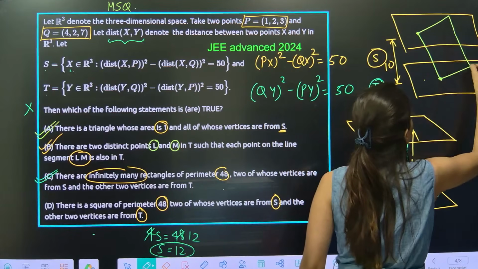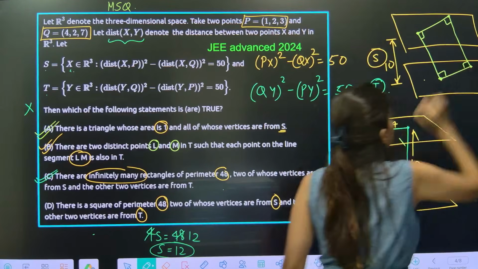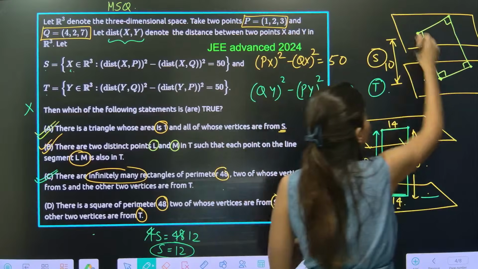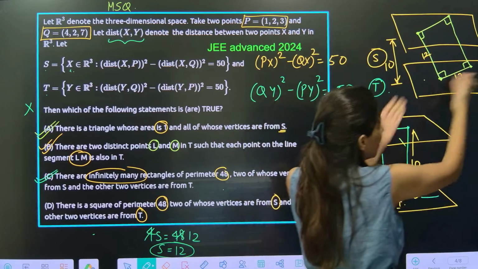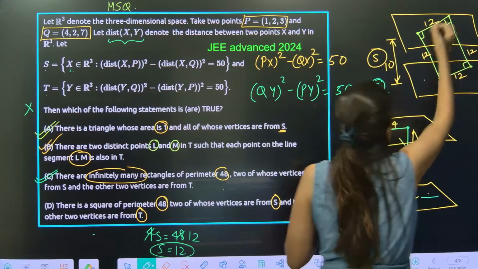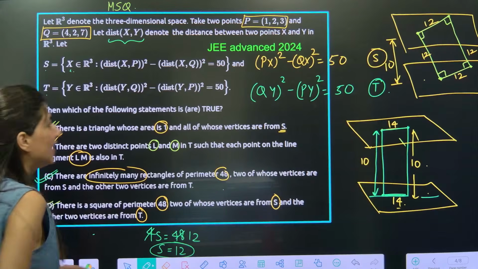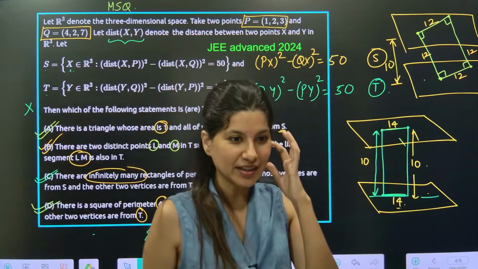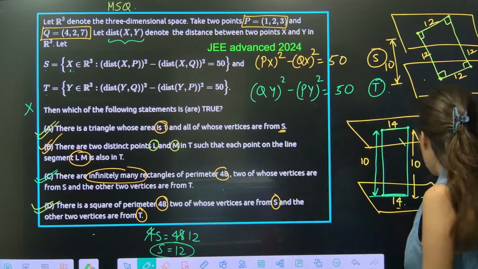Yes, can we create a square like this, maintaining 90 degrees? 2 vertices here, this should be 12. If this can be 12, this also can be 12, because the plane is spread infinitely. So yes, this is possible. Option D is absolutely right. Okay, perfect. Got it. All are correct.